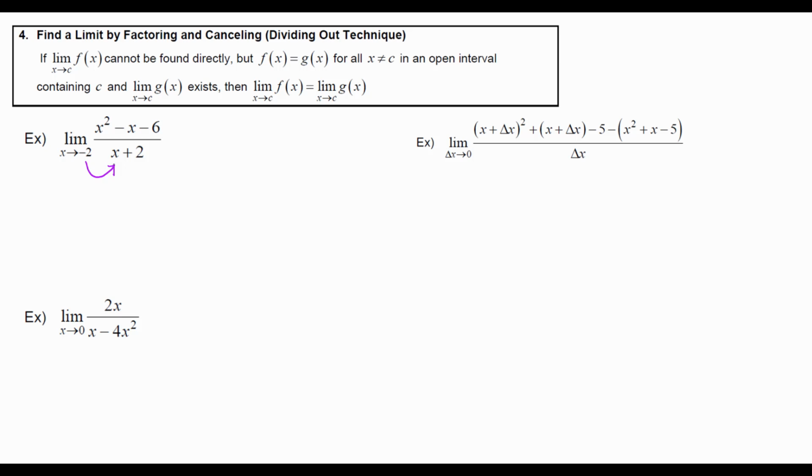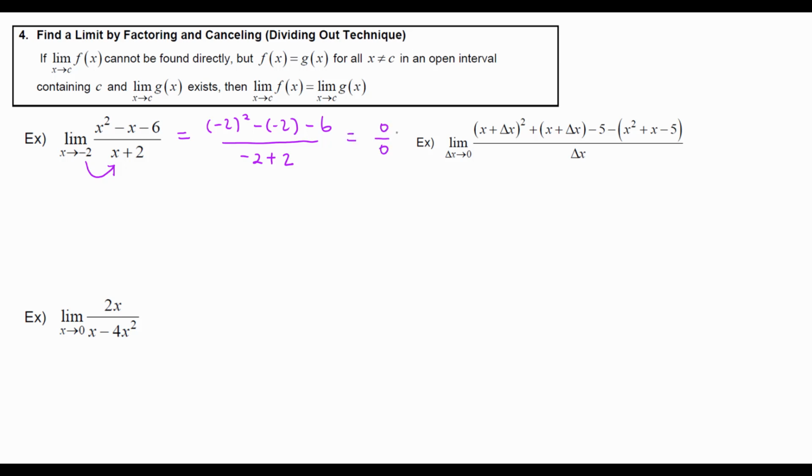And not only that, if you look at the numerator, it is negative 2 squared minus negative 2 minus 6 over negative 2 plus 2. For the numerator, I get 4 plus 2, which is 6, minus 6, which is 0. So I get 0 over 0.